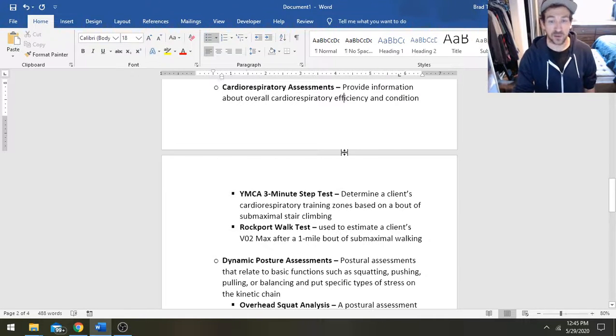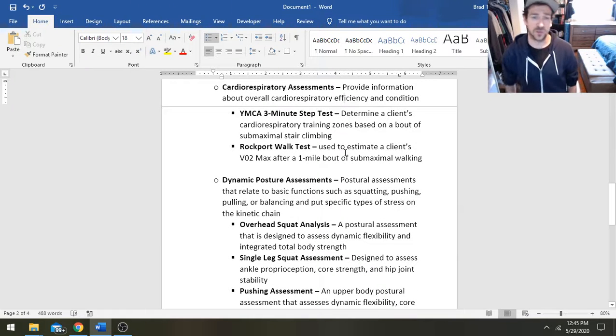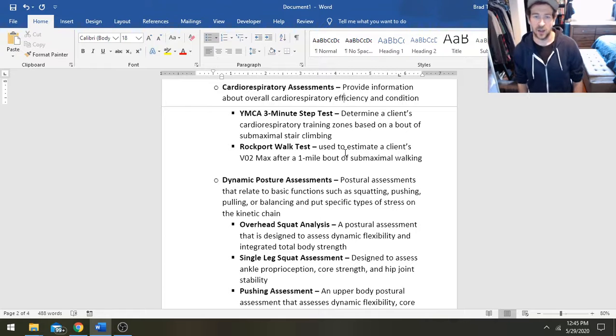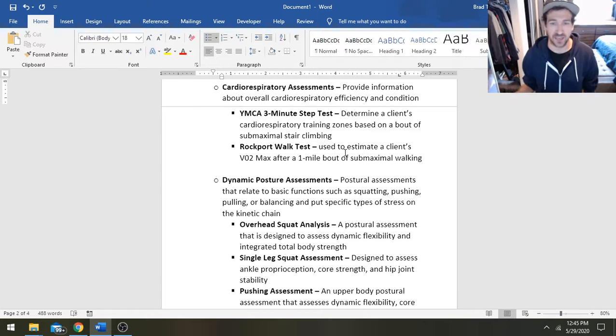Then we also have our cardiorespiratory assessments. Primarily we're going to talk about two in your regular textbook, and they give us information about cardiorespiratory efficiency. You're going to have your YMCA 3-minute step test, which helps you determine your training zones based on sub-maximal stair climbing at a very set pace.